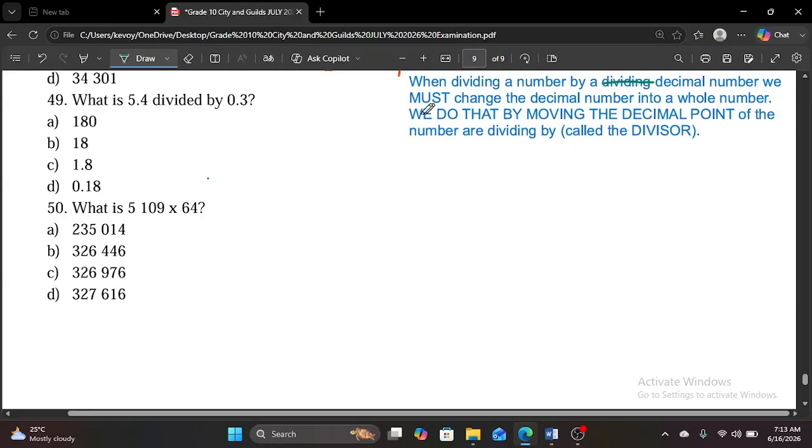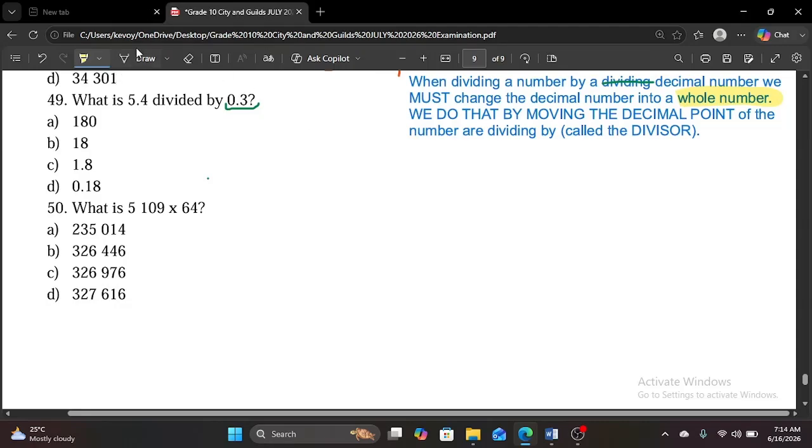We do that by moving the decimal point of the number we are dividing by, and that's called the divisor. So the divisor right here, the number we're dividing by, is 0.3. So we have to change it into a whole number. Only by changing it into a whole number are we able to divide.